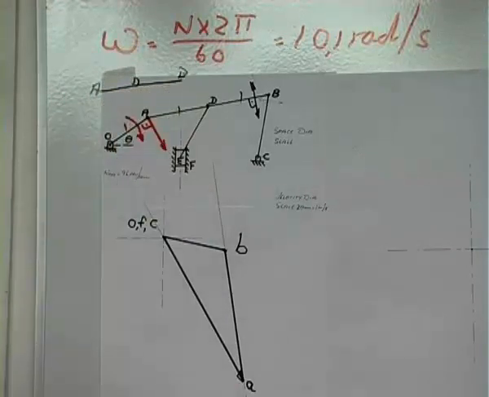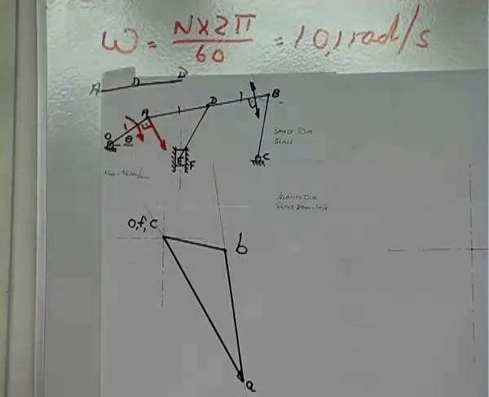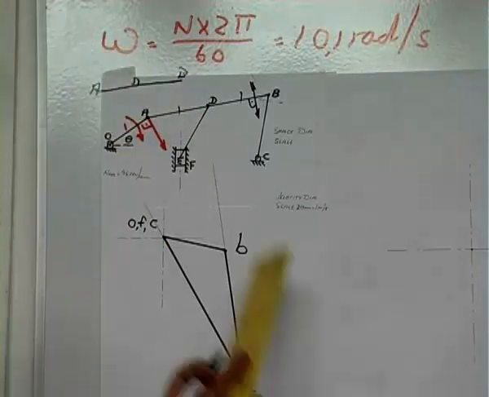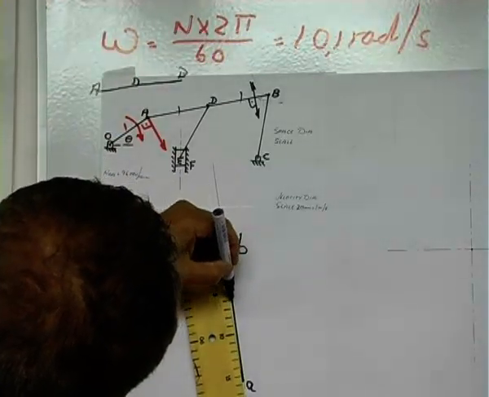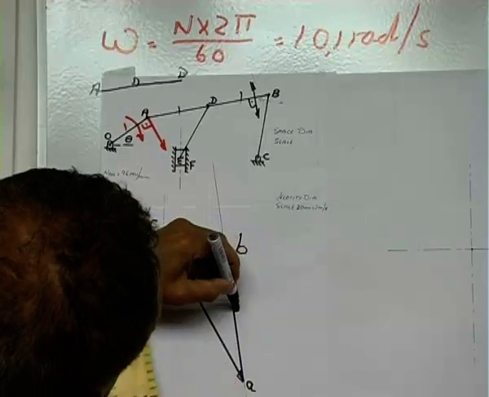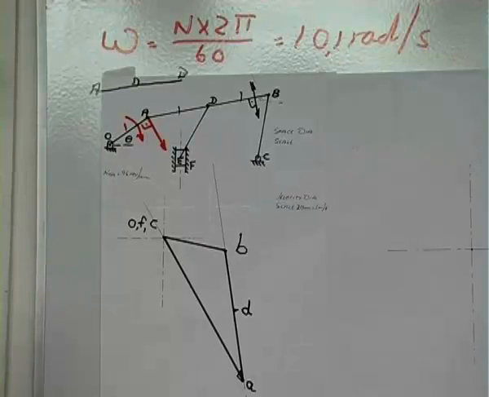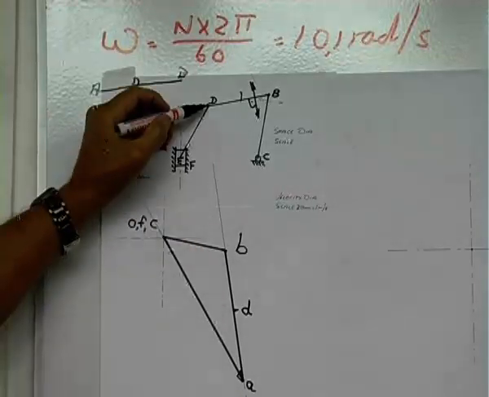For the purpose of this one, let's make the length of AD equal to the length of DB. So exactly in the middle of this line, we can plot D. So with this, we plotted D.